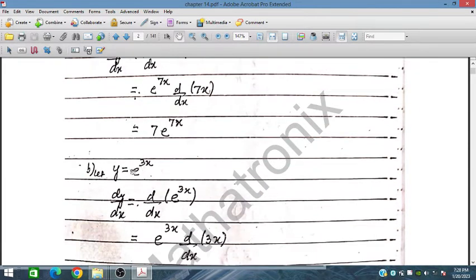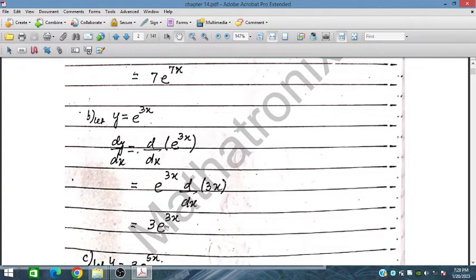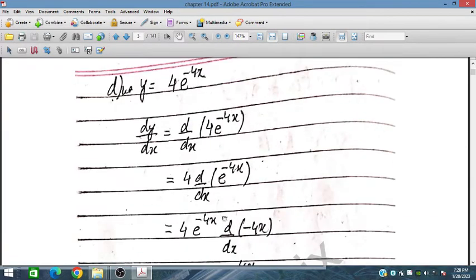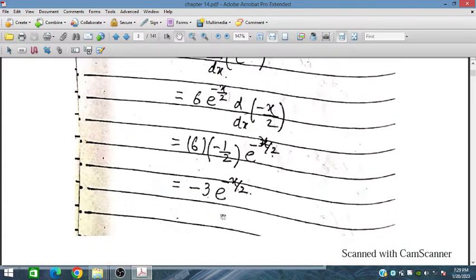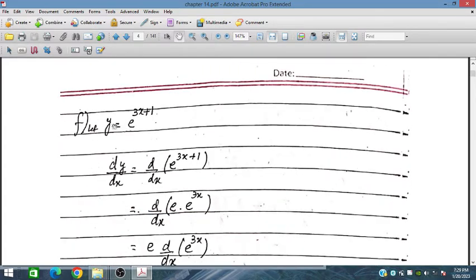Similarly, for this e power 3x, let y is equal to this, and then we differentiate this power, and then we get this 3. Similarly, for this, y is equal to e power 3x plus 1.